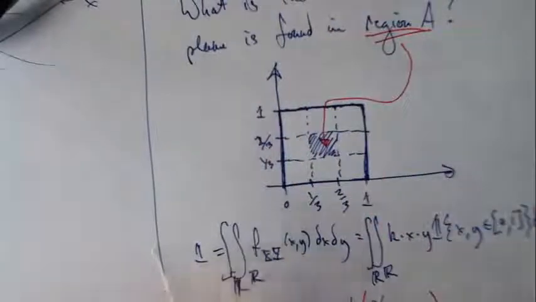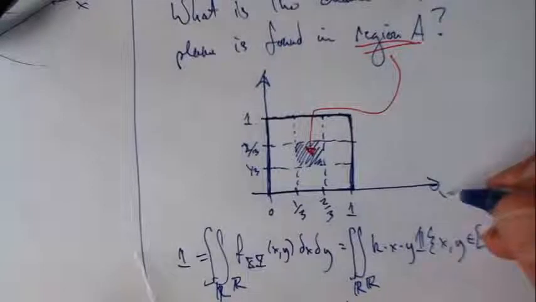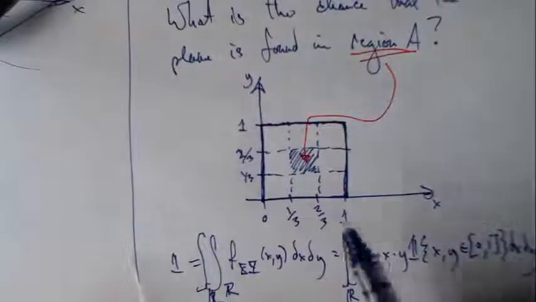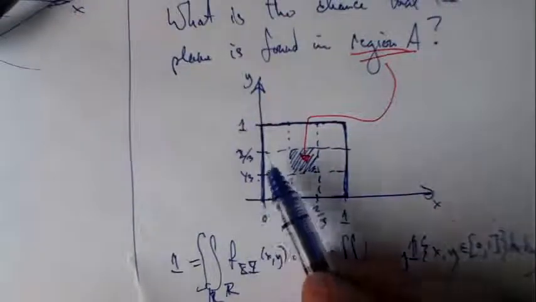Right? So I'm just going to integrate that density function with respect to both x and y, just from a third to 2/3 and a third to 2/3.